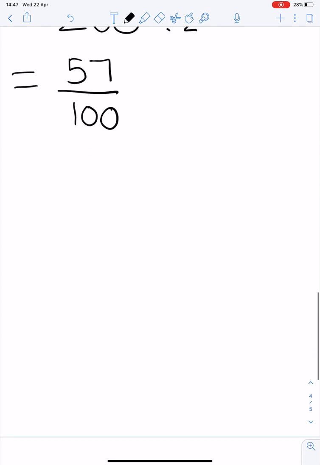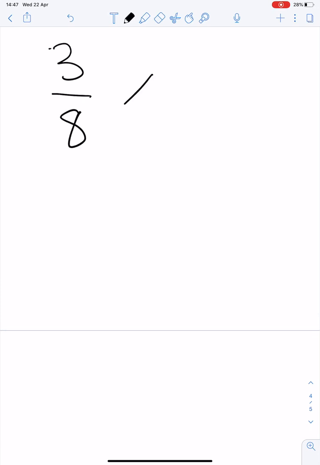The last example on page 97 gives us this problem. 3/8 times by 2/3. There are two ways of doing this.